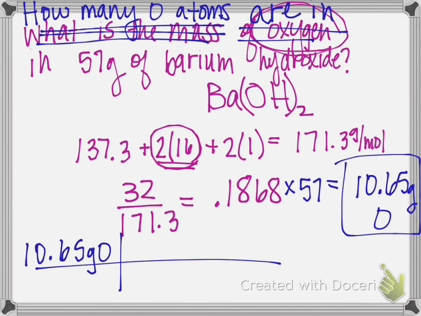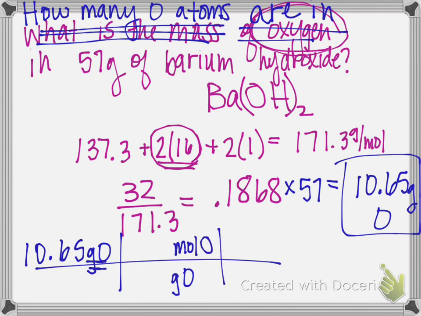Okay, let's walk through it once, and then we'll break it down a bit more. In a T-chart, how do I get something to cancel? It's got to go on the bottom. It's just like multiplying fractions. If I've got one on top, I've got to have the one I want to cancel on the bottom. Grams of oxygen to moles of oxygen.